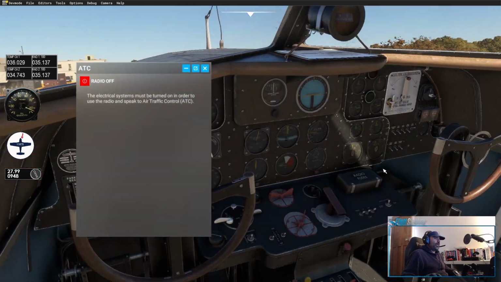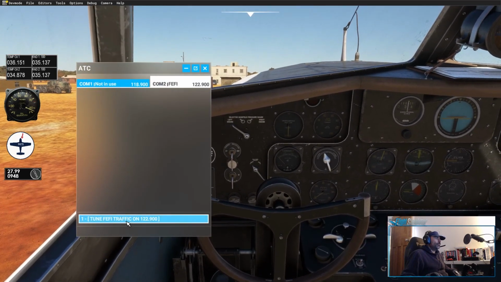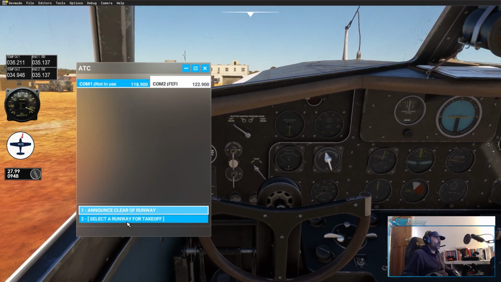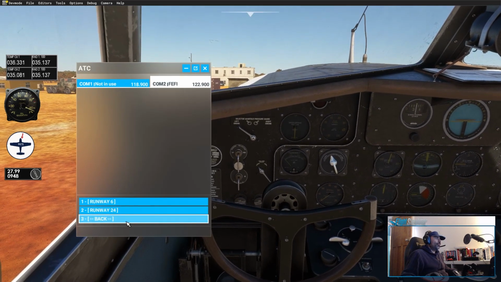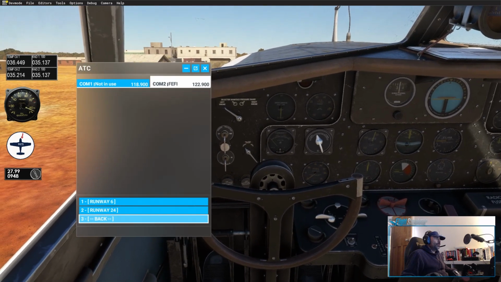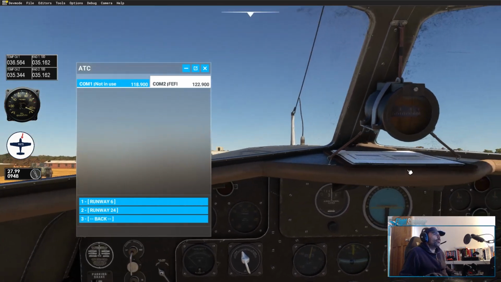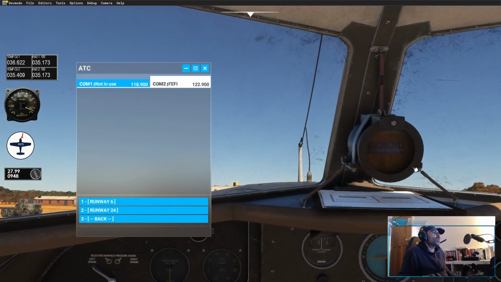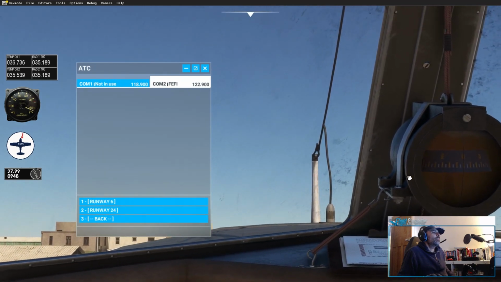I'm going to communicate intentions because there is takeoff. I'm going to depart to the right, looking at 60.